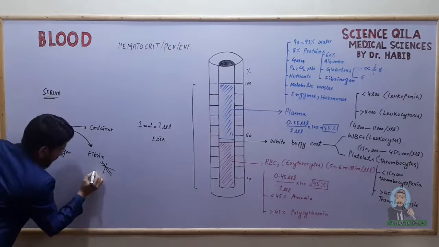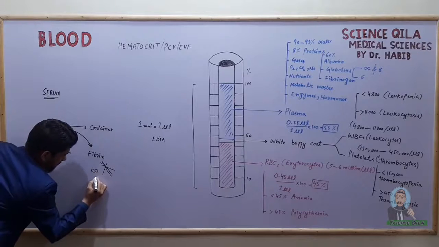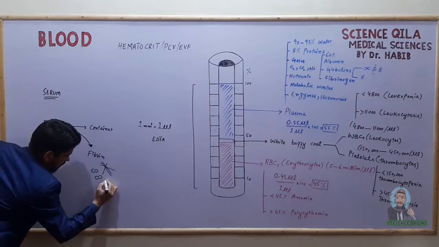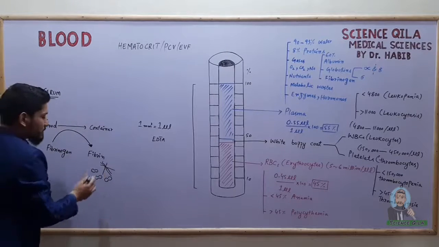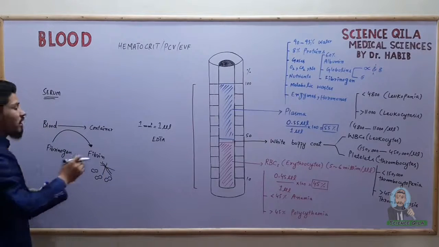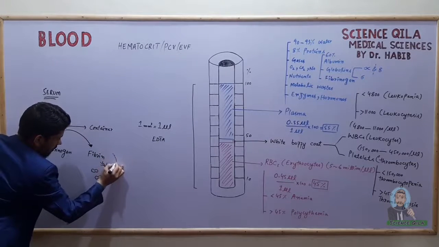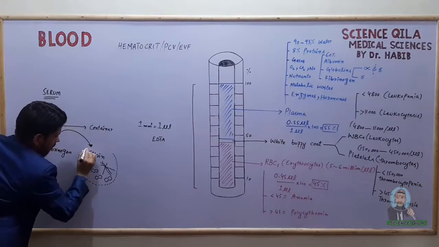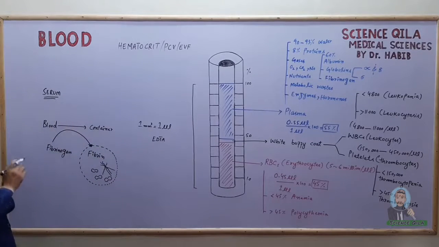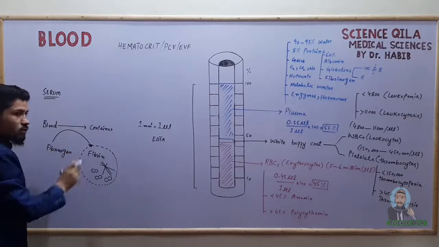This fibrin will entrap the red blood cells. So these red blood cells will not be able to move forward. So as a result, such a kind of clot will be formed.